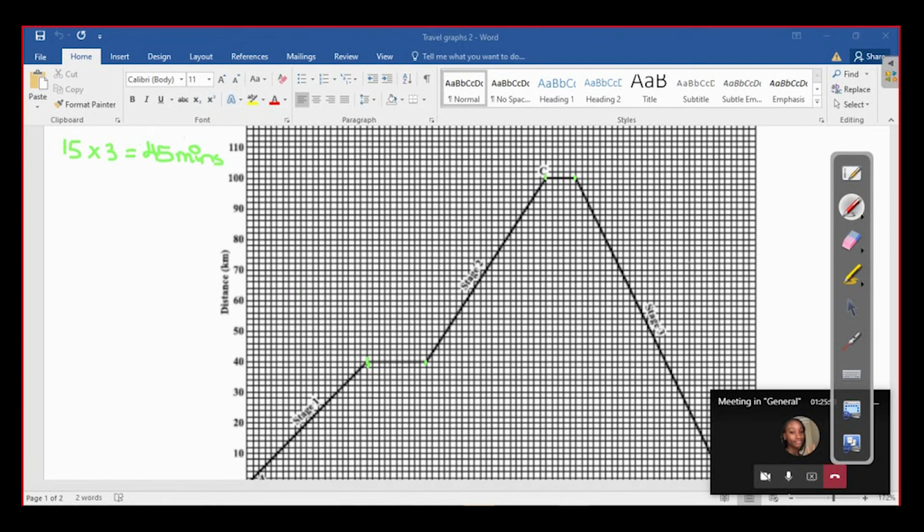So that's one way. Or as she did it, she counted here, she got 10, work out the time that you stopped in the first point, and that would be 30 minutes, and then do the same thing at the second point, a total of 5 tiny blocks by 3 and you get 15, and then add these two together and you'll get 45.